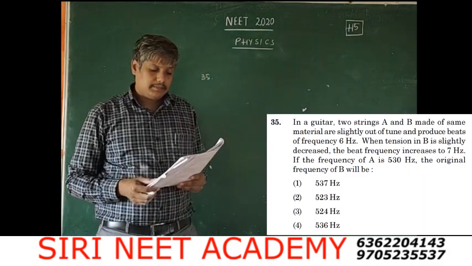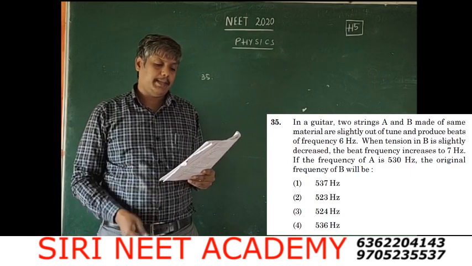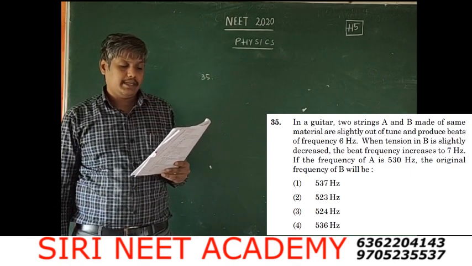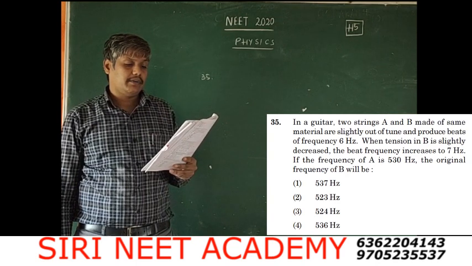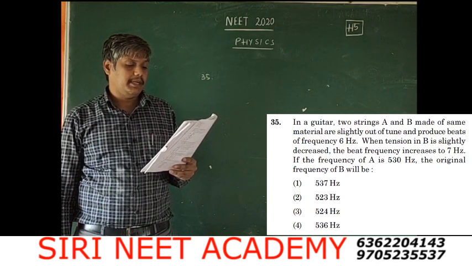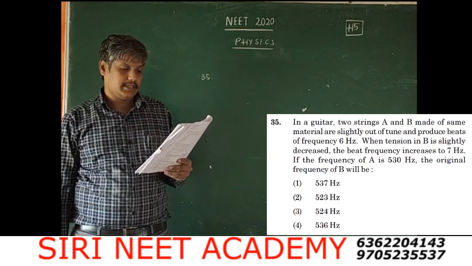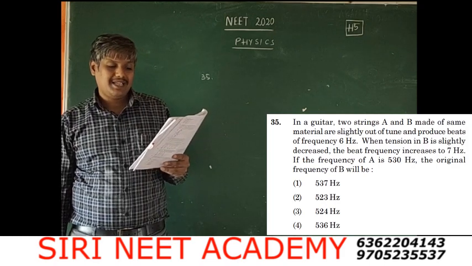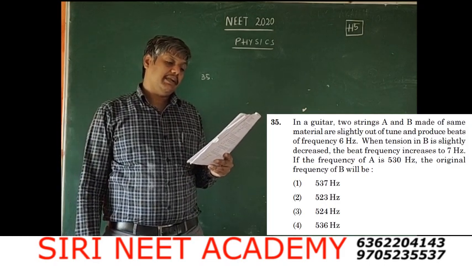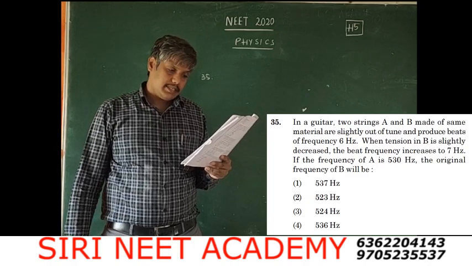In a guitar, two strings A and B made of the same material are slightly out of tune and produce beats of frequency 6 Hz. When tension in B is slightly decreased, the beat frequency increases to 7 Hz.